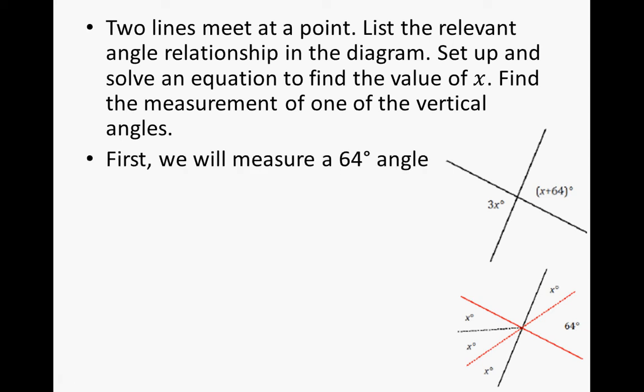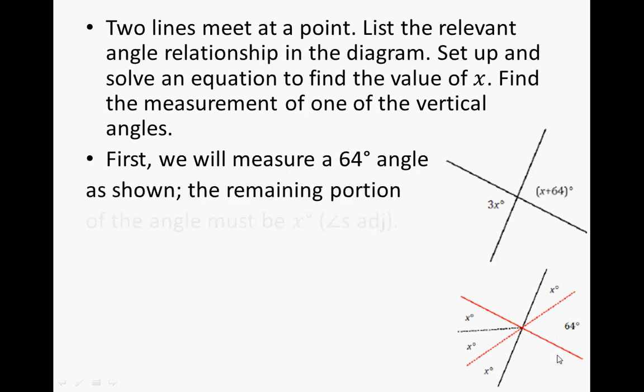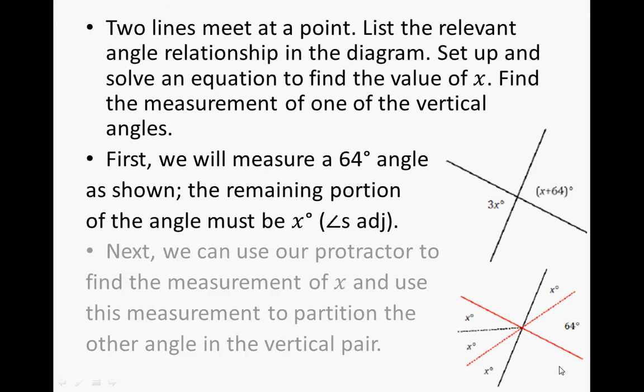So first we measure an angle of 64 degrees, and so that's what this first dotted red line is, we're measuring 64 degrees out of this whole entire angle. So as shown, that means the remaining portion must be x, because we have adjacent angles.